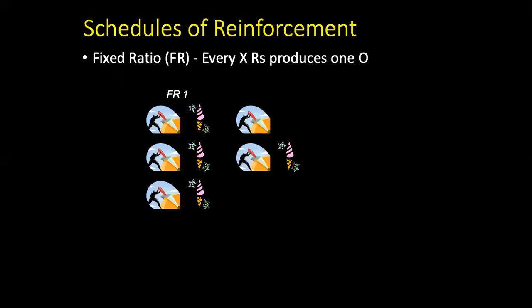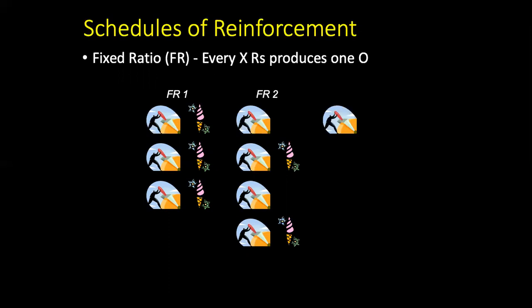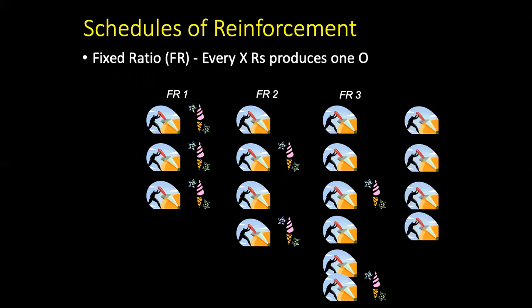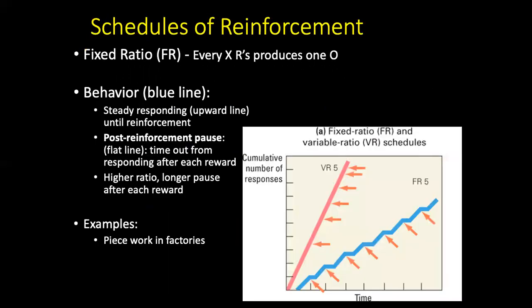Second lever pull, ice cream cone. Again, 2 times, then an ice cream cone. So that's a fixed ratio of 2, right? And you can see the same thing as we move up to 3, right? So just every certain number of responses, the outcome actually happens. Etc. Can do it for any, right?